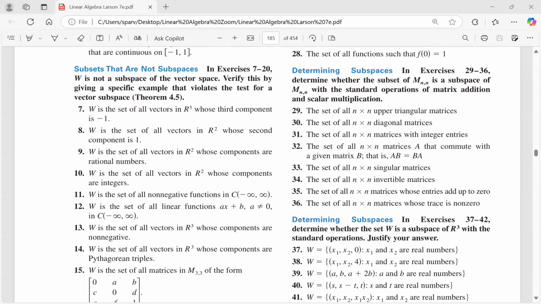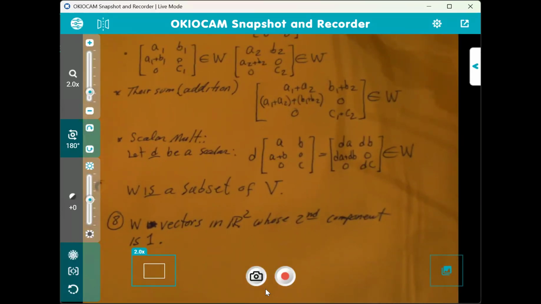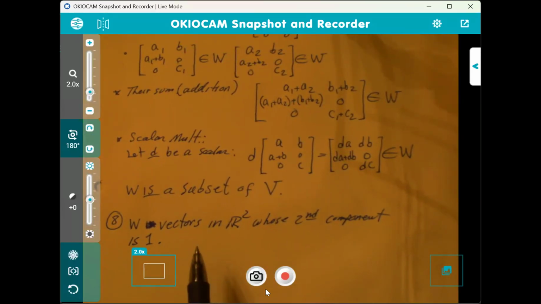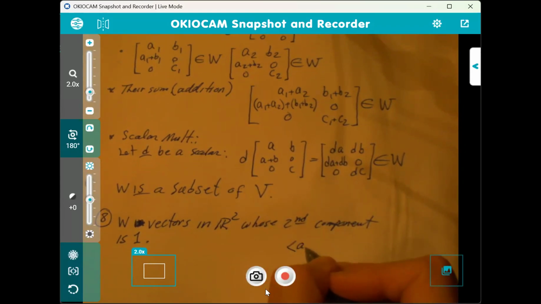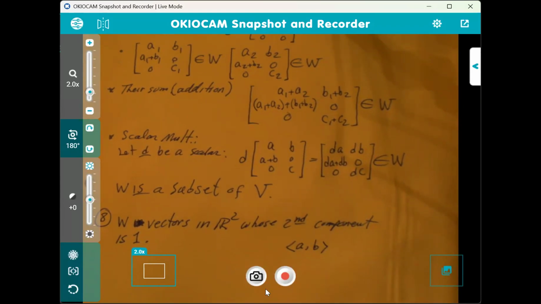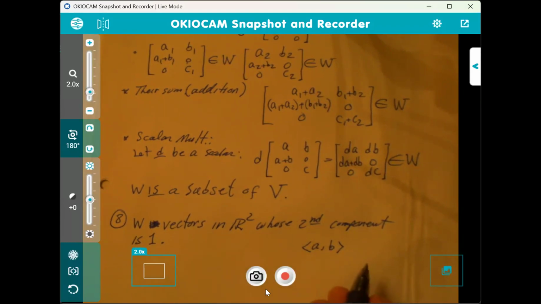Okay, let's check this out. Going back to my notepad. That's what number 8 is. Now, all the vectors in R2 are in the form (a, b). He says, I know all of this is available to me, but the subset I'm choosing from it is the vectors whose second component is 1.